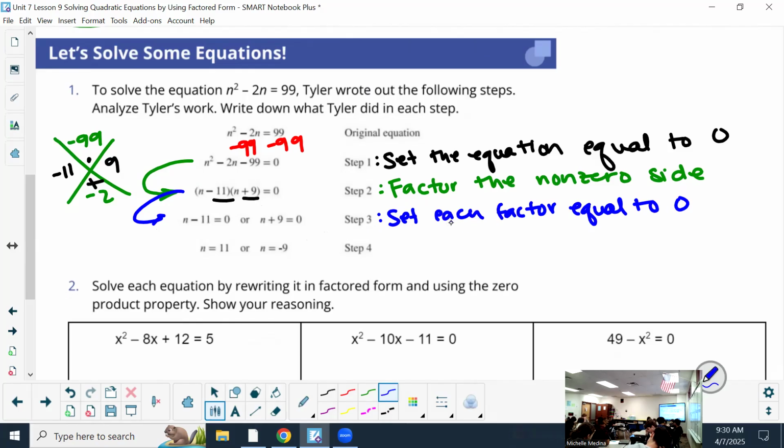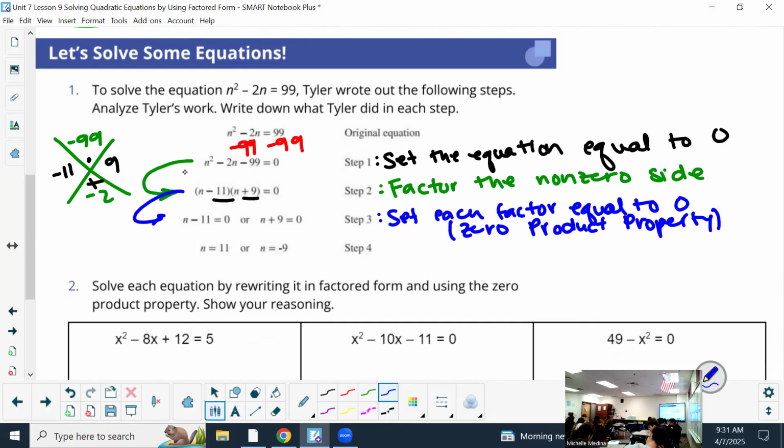Reason we're allowed to do that is because of the zero product property. That's why they factored it to begin with. Because if I have something multiplied together to equal 0, one of those things has to be 0 to make that happen.